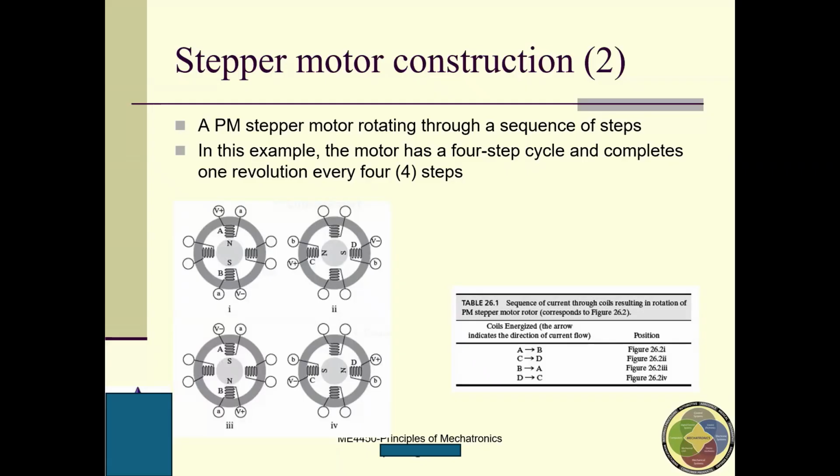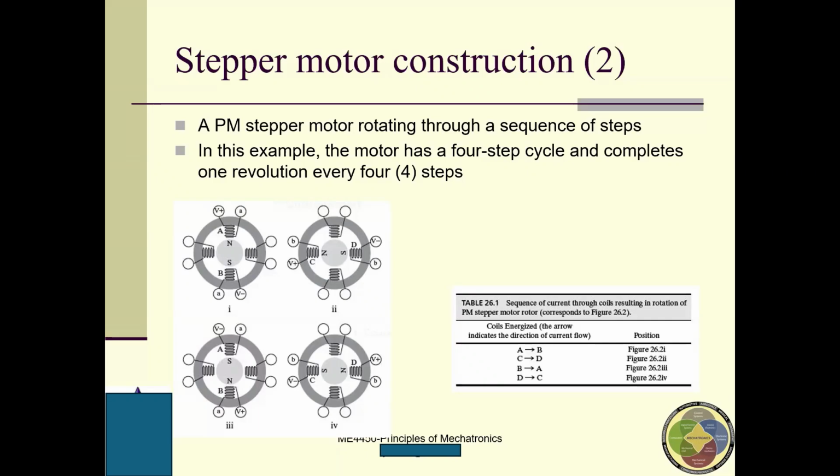As a result, this south will attract this N, and this south will attract this N. That means if you analyze these two poles, this is the rotor, which is the permanent magnet. It is fixed in this position.